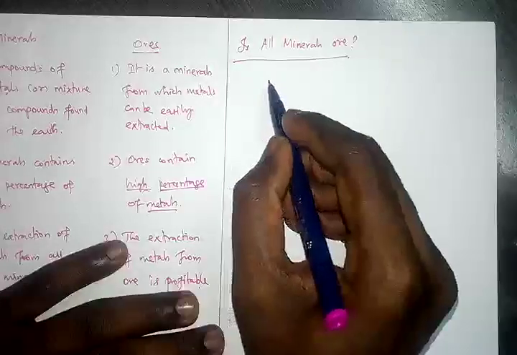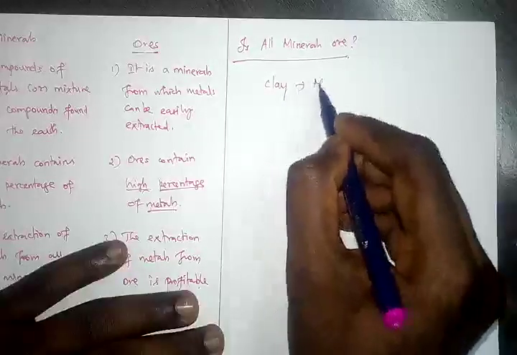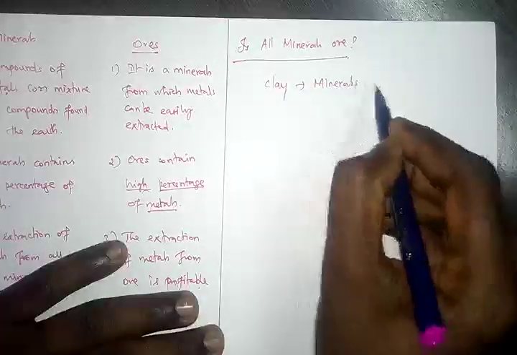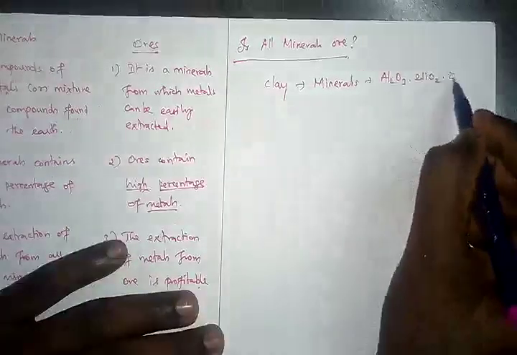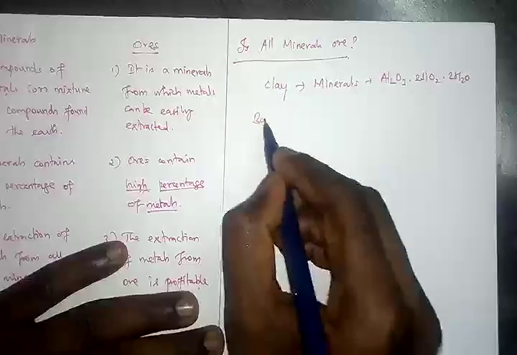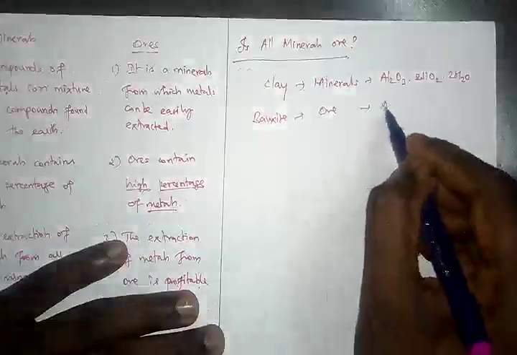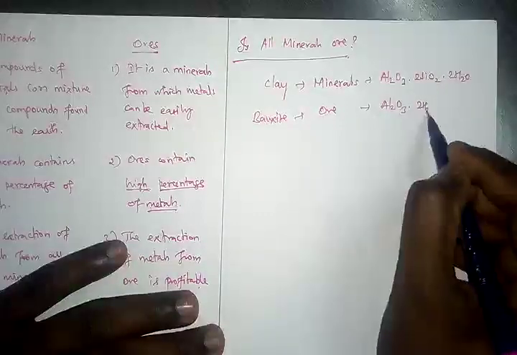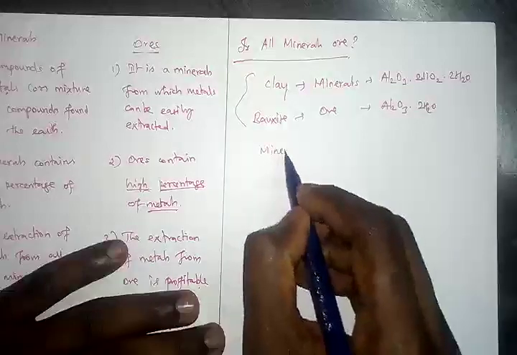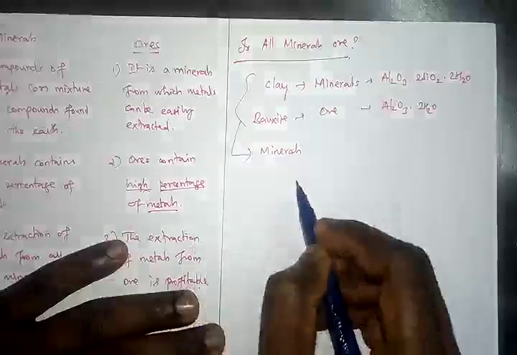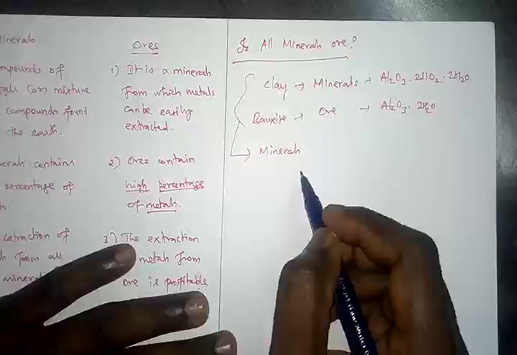From the same example, clay is a mineral, Al2O3.2SiO2.2H2O. Bauxite is an ore, Al2O3.2H2O. These two are minerals, right?